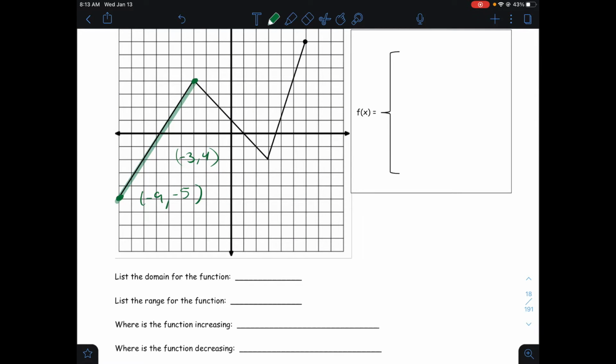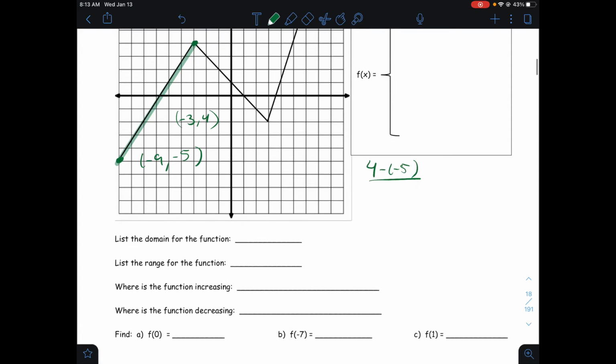Hopefully by now you know the first thing we have to do is find the slope. So we're going to do 4 minus -5 over -3 minus -9. How did I come up with this? I used our slope formula, which is y2 minus y1 all over x2 minus x1, and I can label these x1, y1, x2, y2.